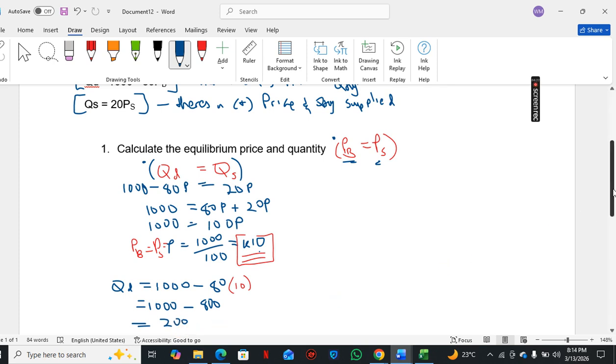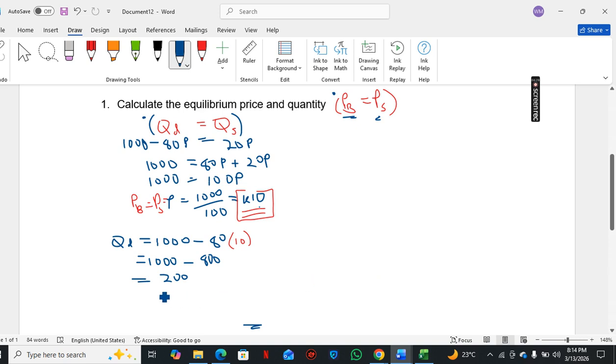Okay, colleagues, you're going to get 200. This is the quantity demanded. Remember, quantity demanded also equals quantity supplied.